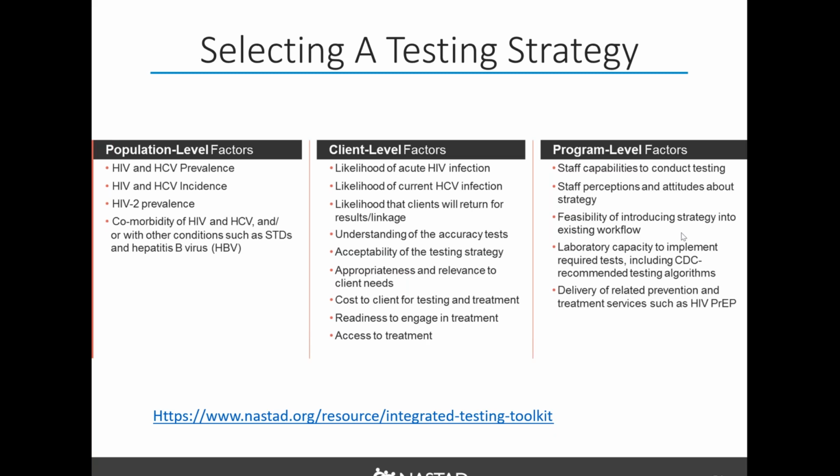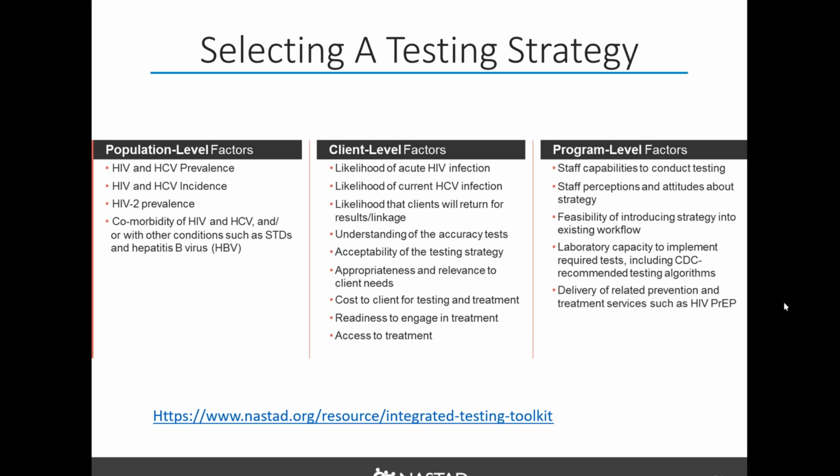But in general, in selecting a strategy or strategies, and I will say that it isn't necessary to select only a single strategy for your jurisdiction or program. You may want to select or use multiple strategies depending upon some of these factors.